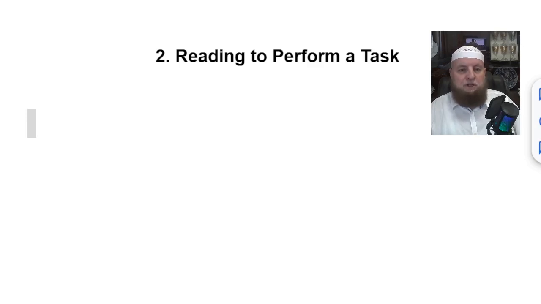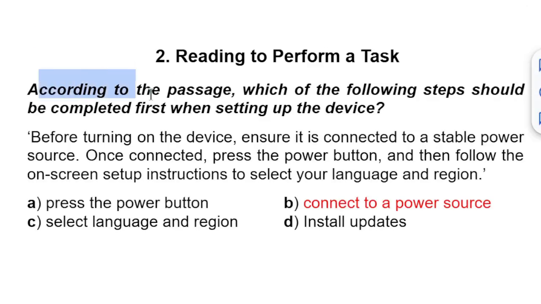Let's look at the question again. According to the passage, to the reading, which of the following steps should be completed first when setting up a device? So we are setting up a device. What is the first step? The reading goes, before turning on the device, ensure it is connected to a stable power source.